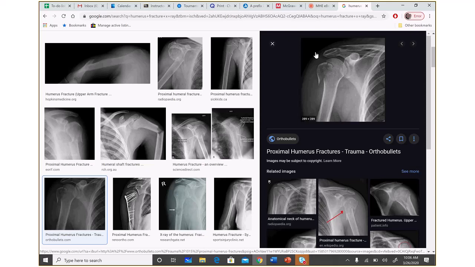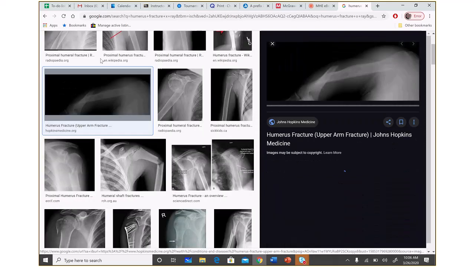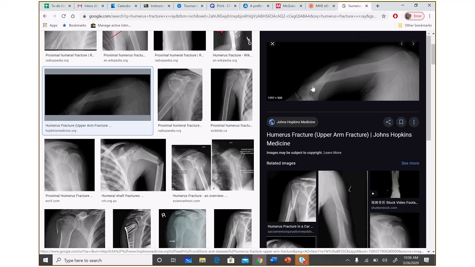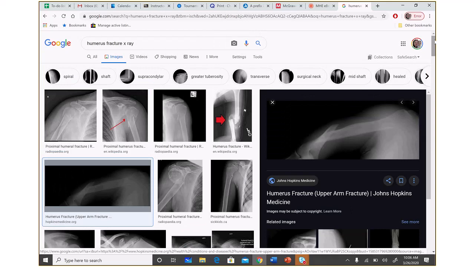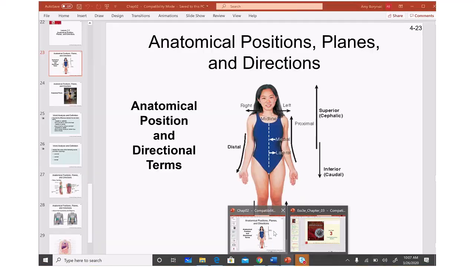Proximal. Now, if they fractured it all the way down by the elbow, it might be described as the distal portion. It's just whether it's closer to where it attaches at the shoulder or further away.